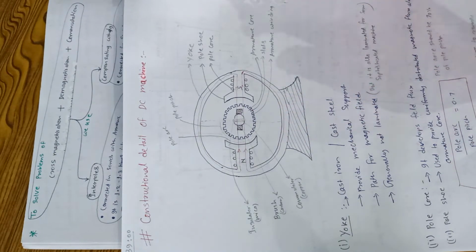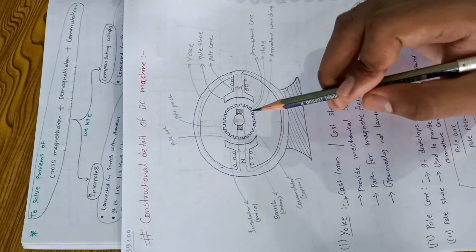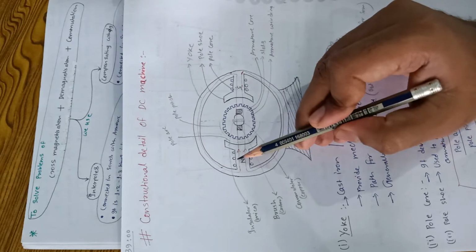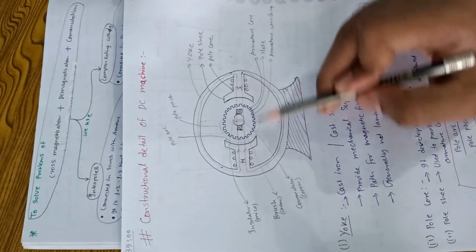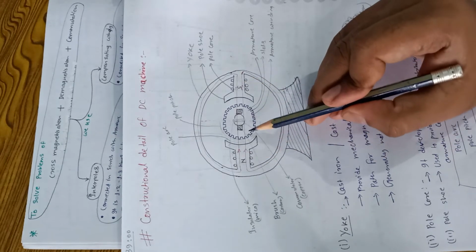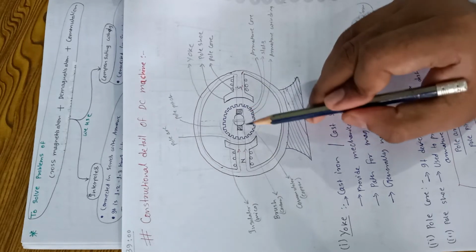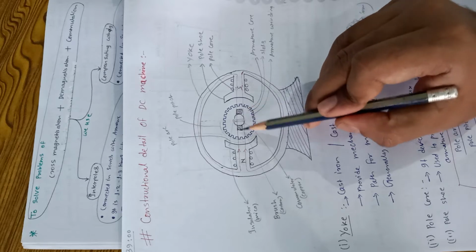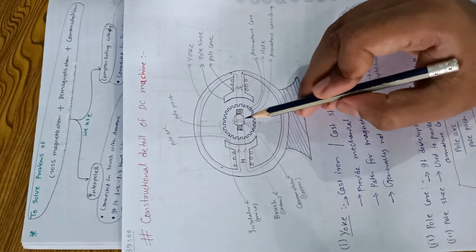When we talk about the motor, in the same diagram we can explain the motor also. In a motor, we will also provide DC input to the field winding, and we will provide DC input to the brush.